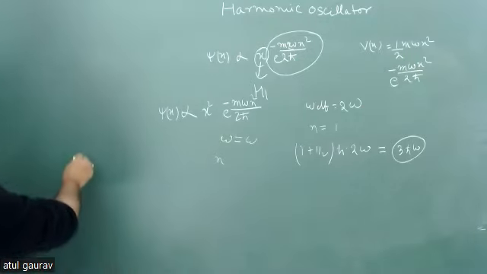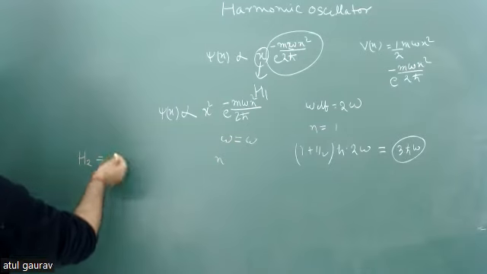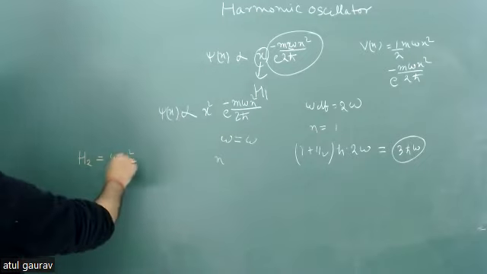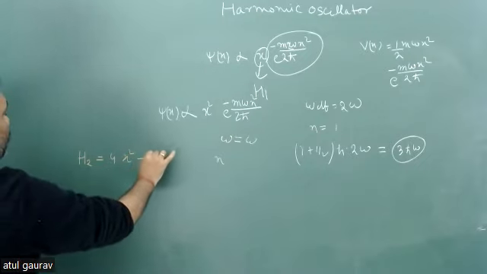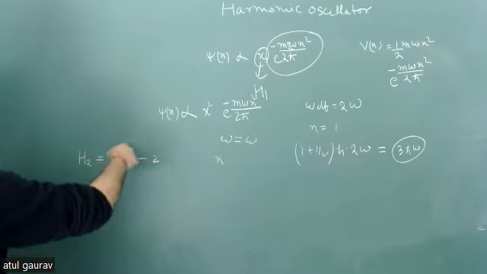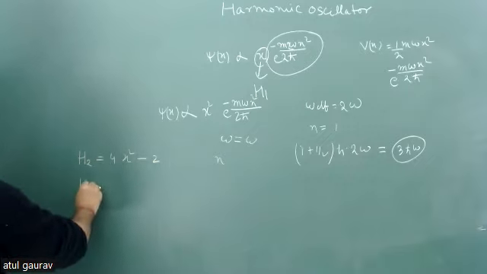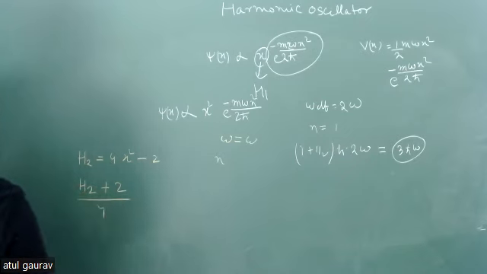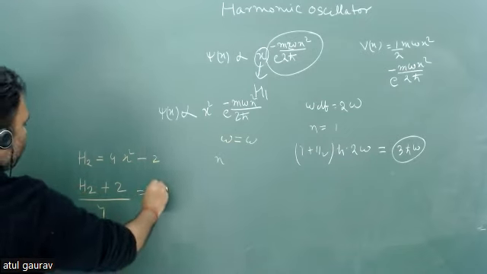What is your H2? H2 बताओ तो क्या है? बताया था क्लास में क्या है? 4x square minus 2. So x square can be written as H2 plus 2 by 4. This is your x square.